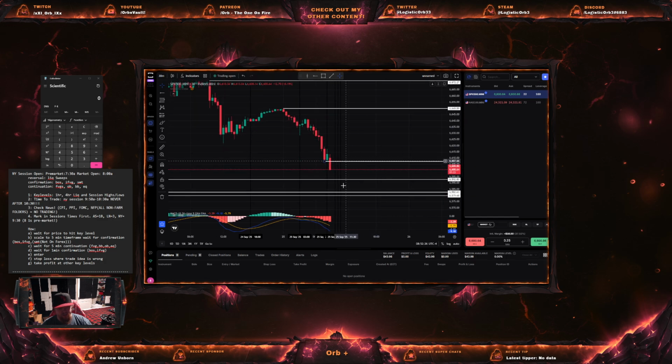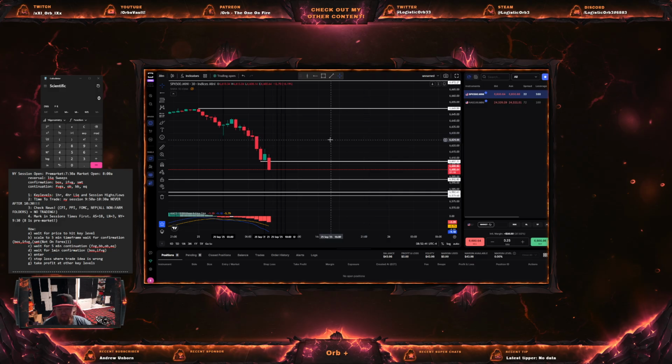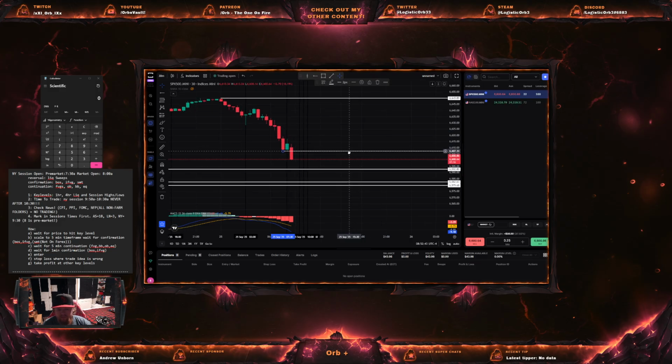I think we're going to see a reaction within this range. I think we are. I'm moving that low because we're still within London session between 9:30 and, of course, 3.